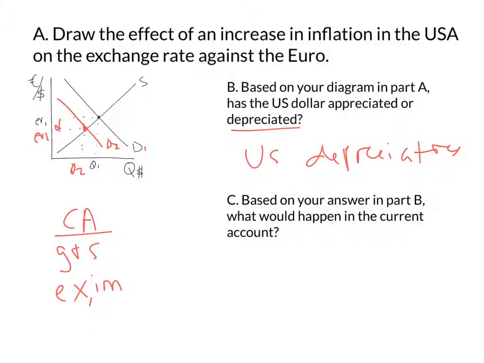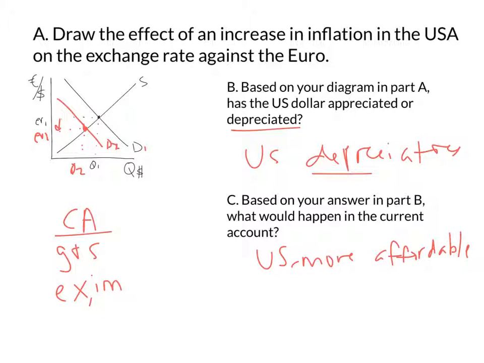So if the US dollar depreciates, what is the effect of that on the current account? With the US dollar depreciating, that means that the US dollar is now more affordable to Europeans because it's gone down in value. It's now cheaper to buy dollars because of the depreciation.